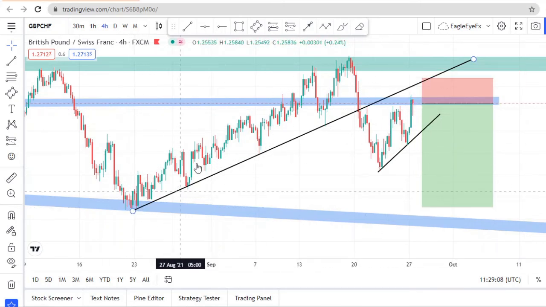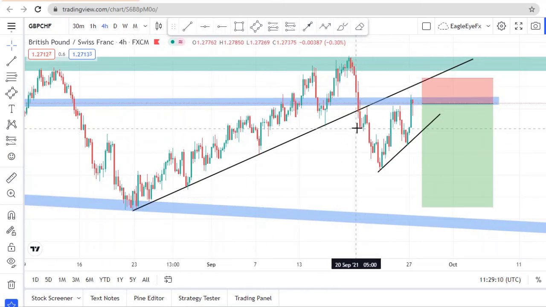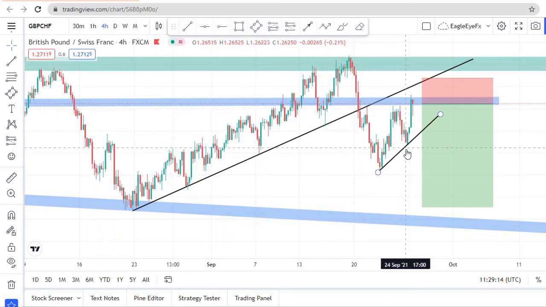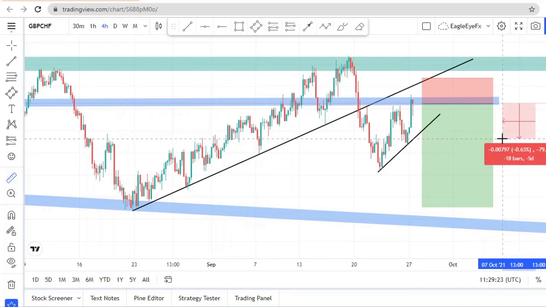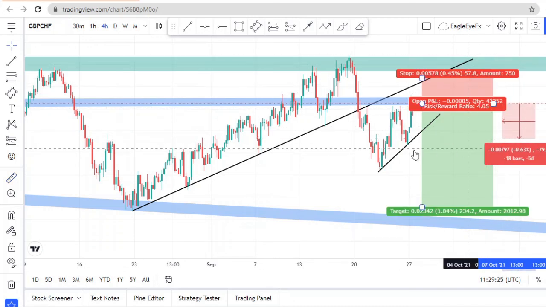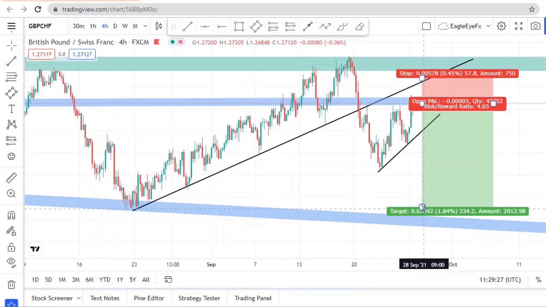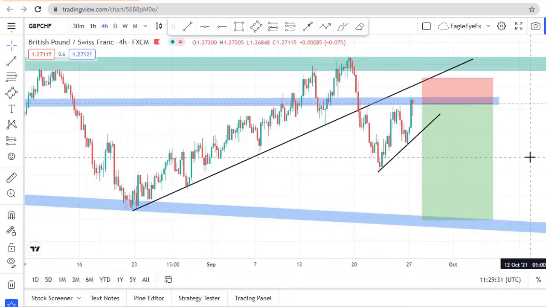But already we are seeing that this general move has been broken, and this retest came down, then came down again, then we are here. So you can catch some profits from somewhere around there to the trend line, which is almost 70 pips. Then if it breaks and continues down, we can take advantage of this move all the way to the downside.